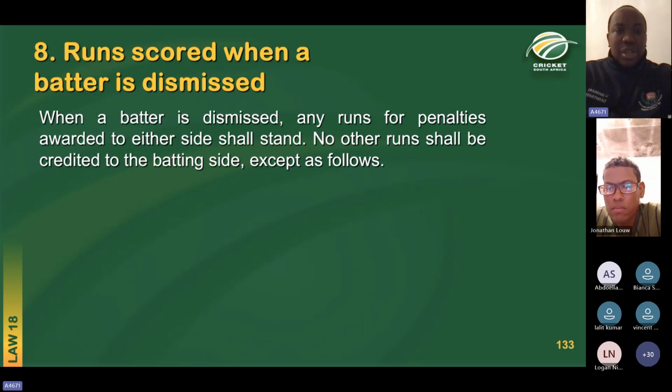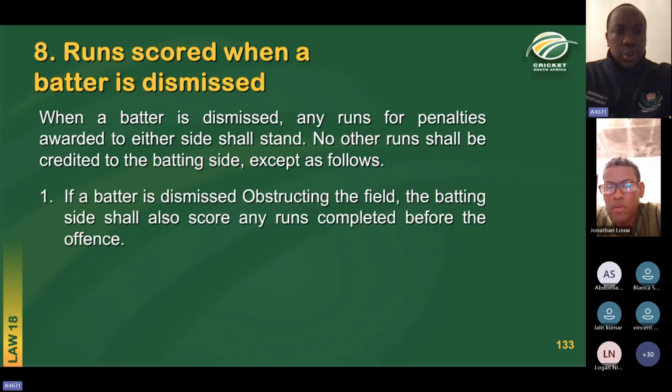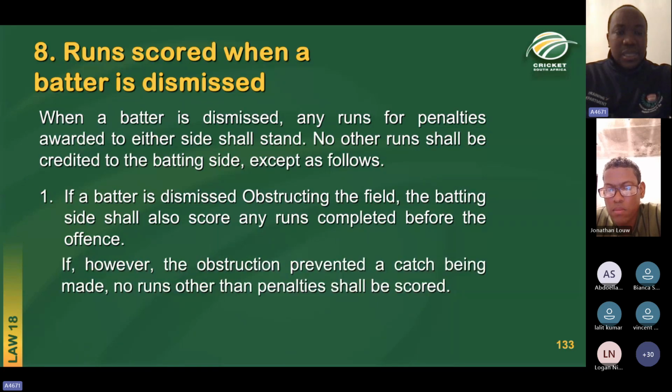No other runs shall be credited to the batting side when a batter is dismissed except as follows. If a batter is dismissed obstructing the field, the batting side shall score any runs completed before the offense unless the obstruction prevented a catch from being made.